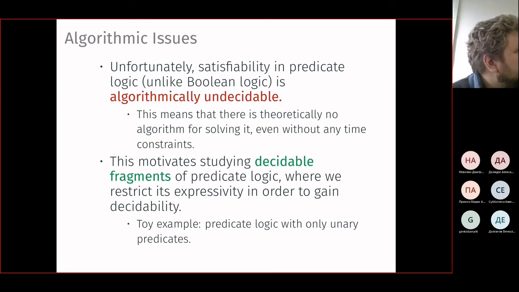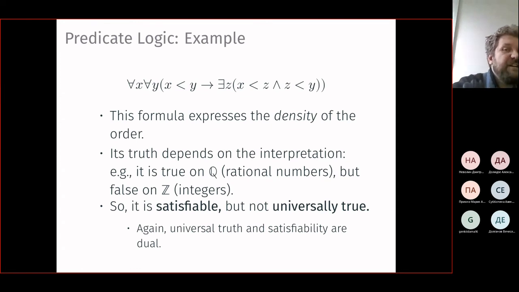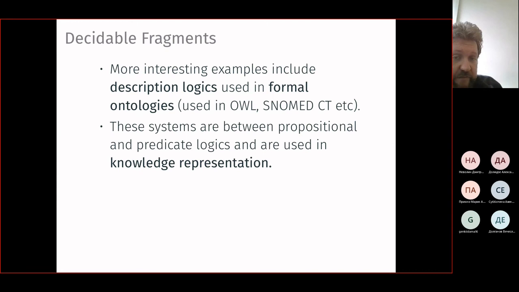If we allow arbitrary formulae like this, then checking satisfiability or universal truth is going to be immediately undecidable, and this will make all the business meaningless. But if you don't do that, you will have this. But this again is just a matter for you to know that such things exist in the world, and if you're interested in that, then you can go into that and read more literature and go to special courses.